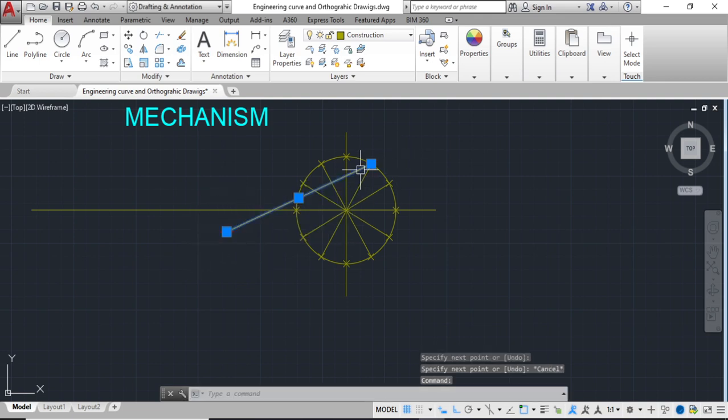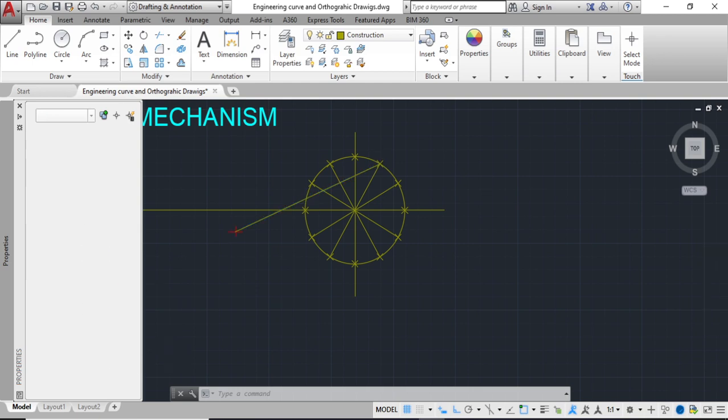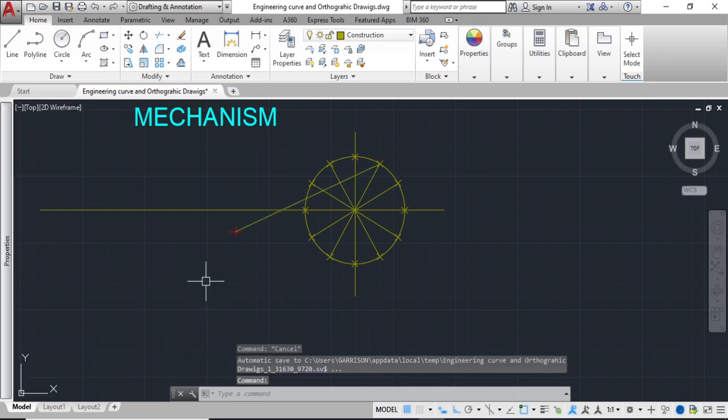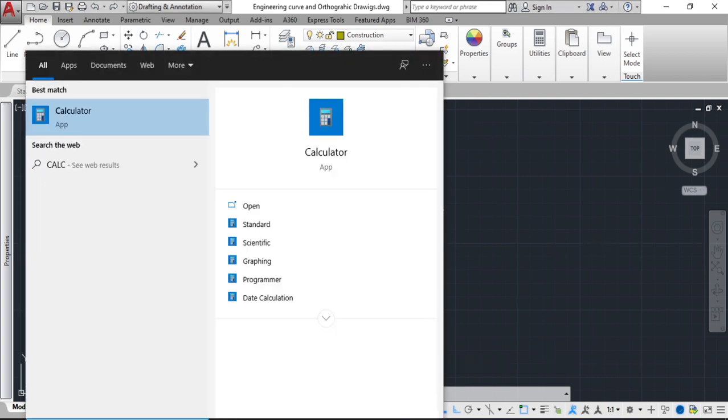Then let's see properties, length 158. So the length is 158 and I want 120. May need a calculator. So let me get the calculator here.